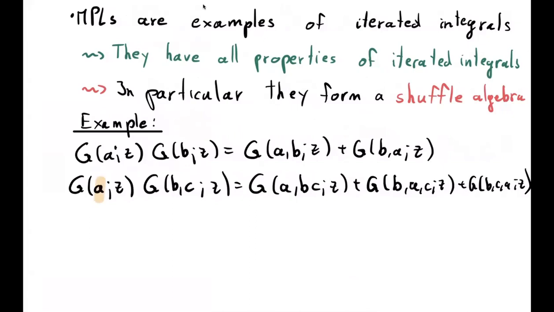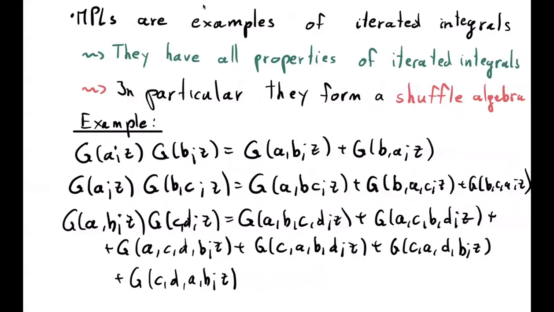You can also check that if you multiply A, B, C, what you get is A, B, C plus B, A, C plus B, C, A. And if you multiply AB times CD, I'm not going to color it because otherwise it's going to be too long.